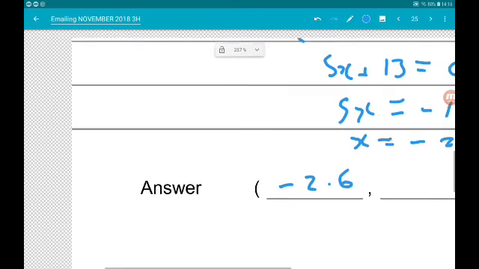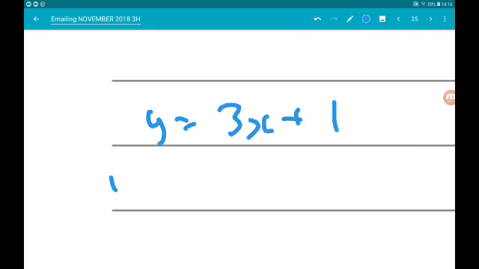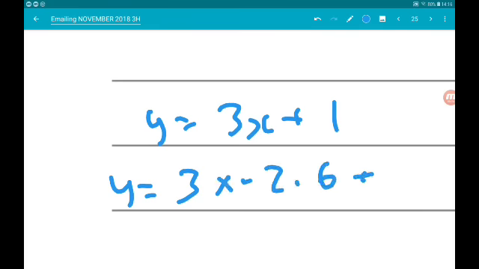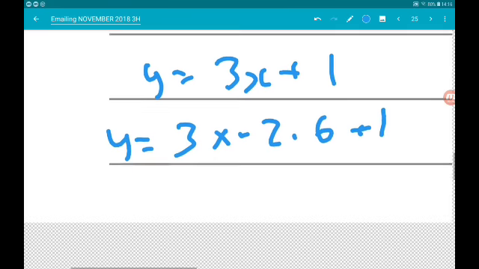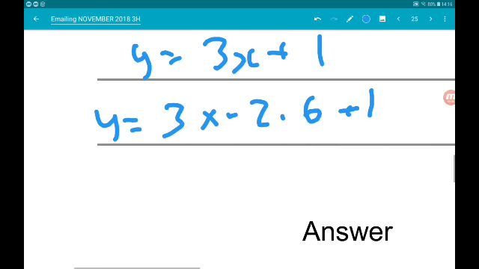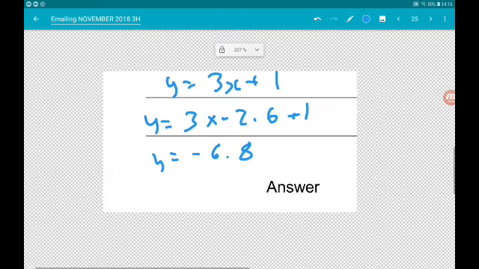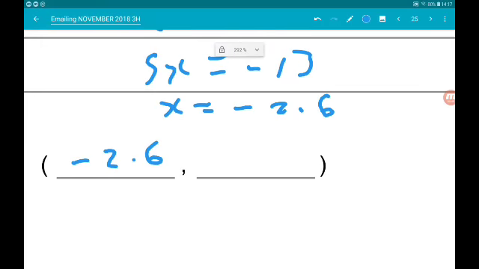Now to get the y coordinate, remember we know that y is 3x add 1, so y is 3 times minus 2.6, add 1. 3 times minus 2.6 is minus 7.8, so add 1 gives us y is minus 6.8. So those are our coordinates.